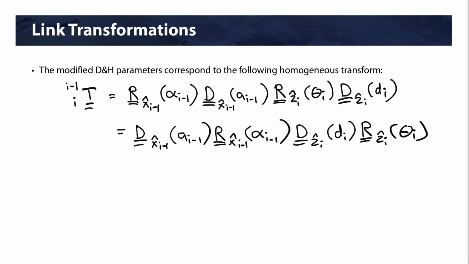If you were to multiply out all these different translations and rotations, we will show that our transform describing frame i relative to frame i-1 is equal to the following.